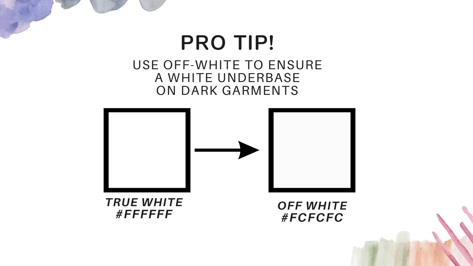That way, when the computerized direct-to-garment process happens, they're going to see that this is not true white, and they're going to lay down that white underbase and then this slightly off-white on top of it, which still looks white in your design. However, you're going to get the benefit of that nice double layer, and the white parts of your image will be as vibrant and have the detail that the rest of your image does.